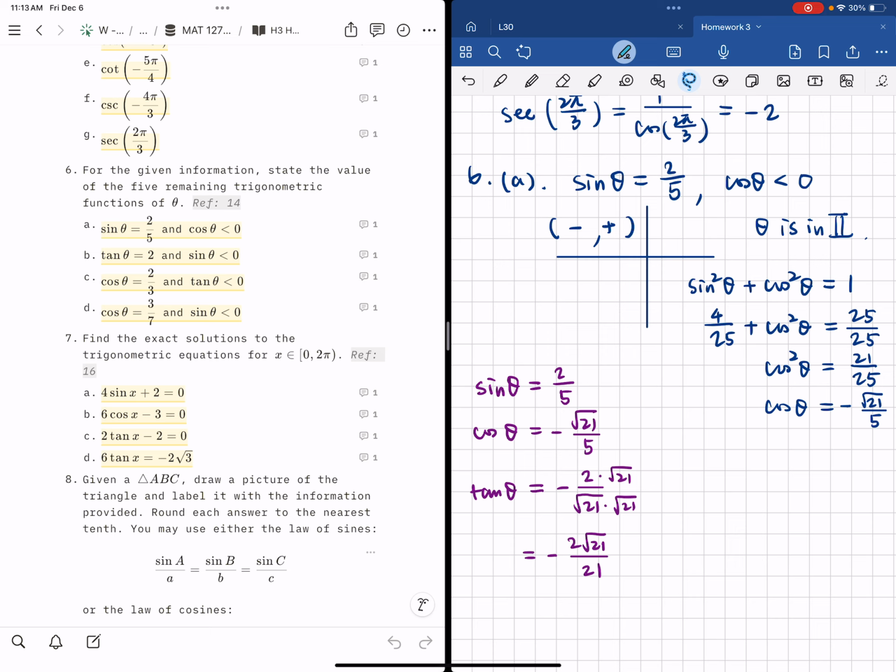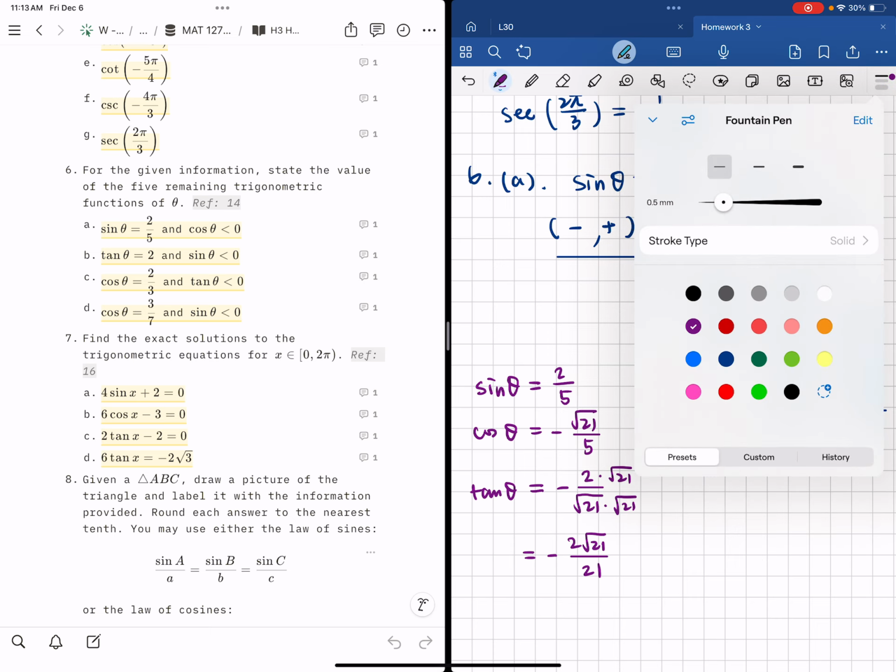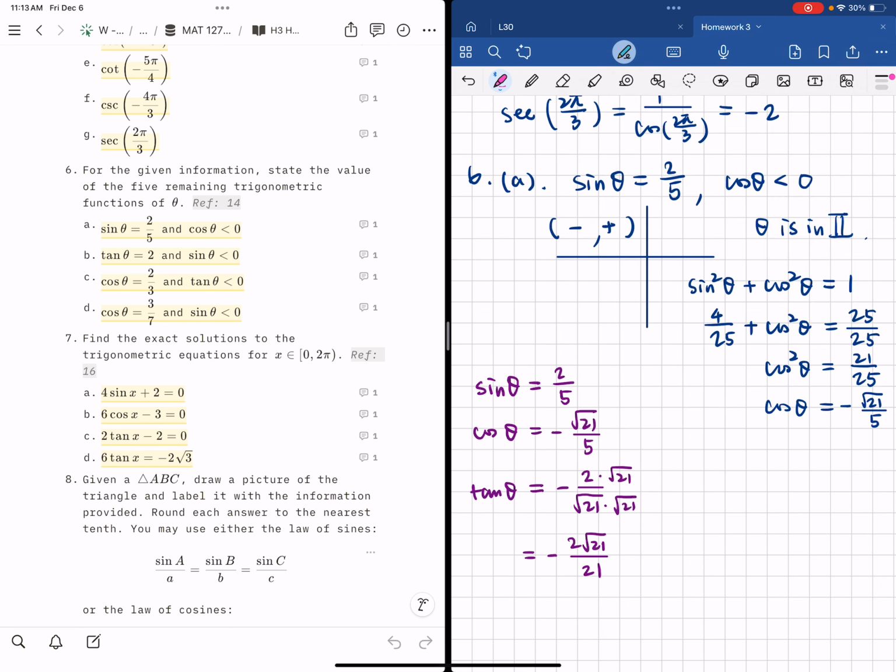And then next, we're going to look at the other 3. Let's use pink. First is the cosecant of theta. It's the reciprocal of sine, so that's why I put them together, and that will be 5/2. Next is secant of theta.